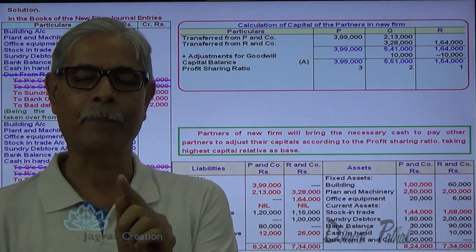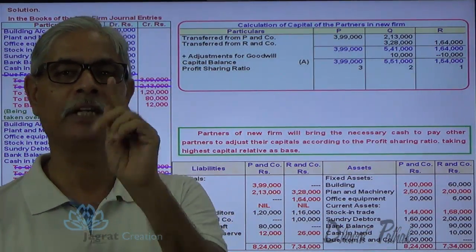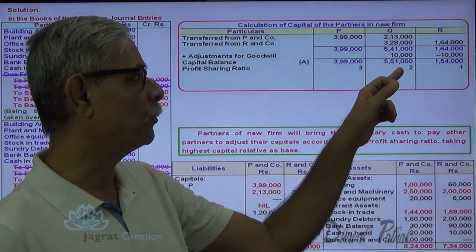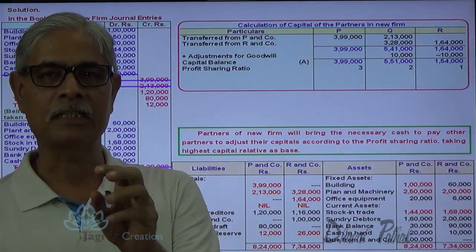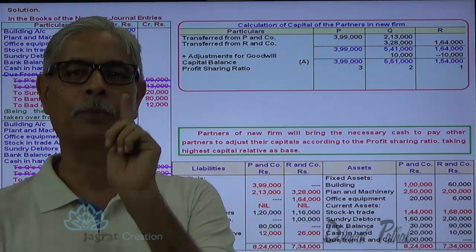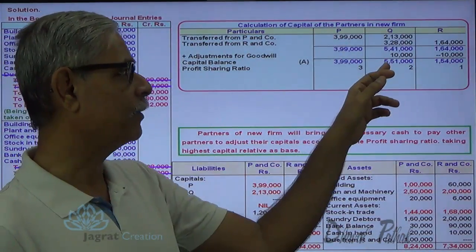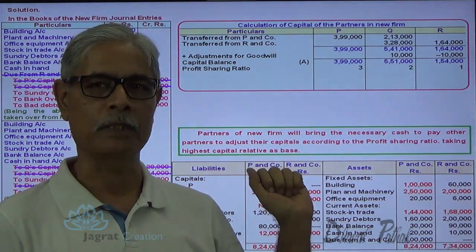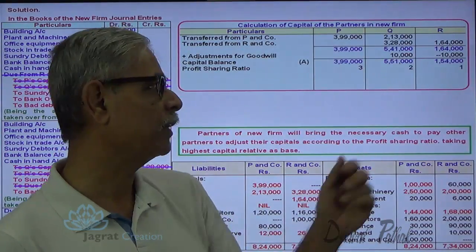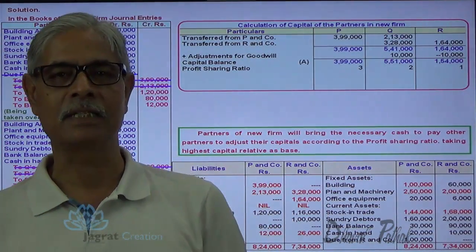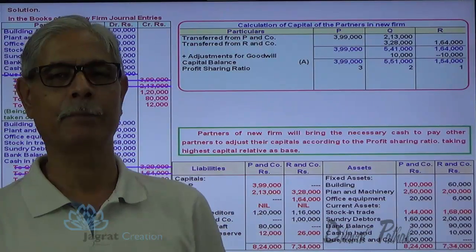For 2 units, 5,51,000 is the capital. So 5,51,000 is the capital for 2 units share in profit, and 1,54,000 is the capital for 1 unit share in profit.